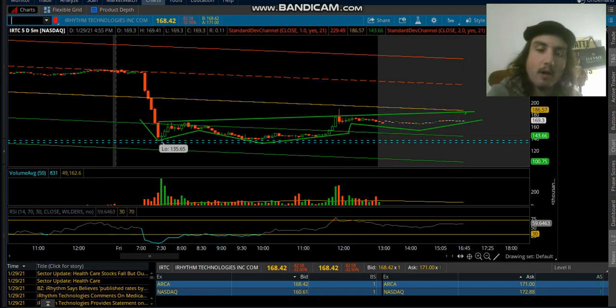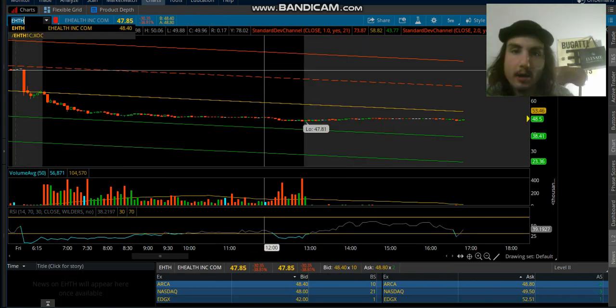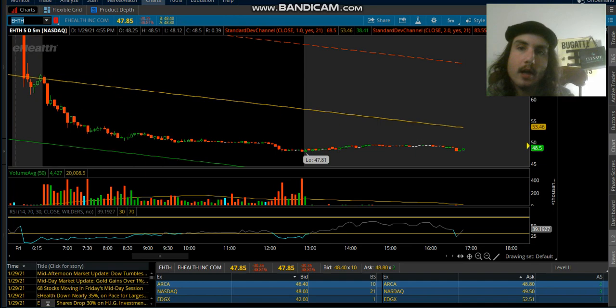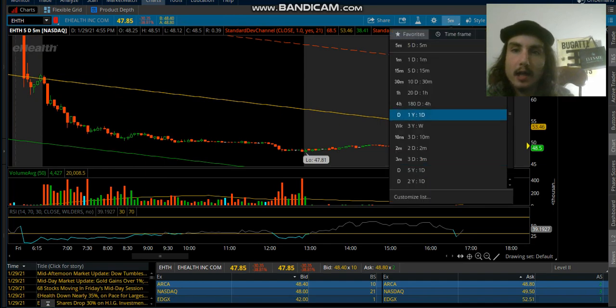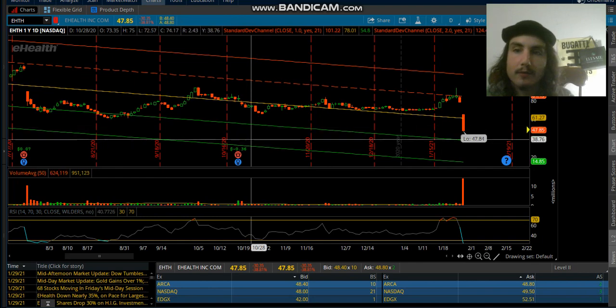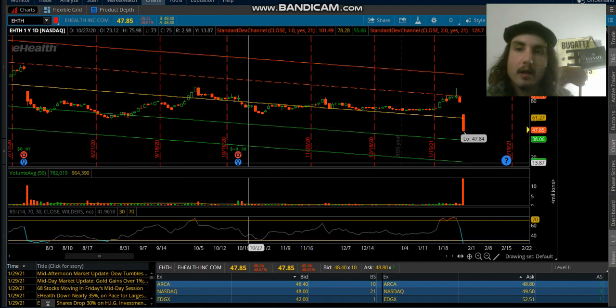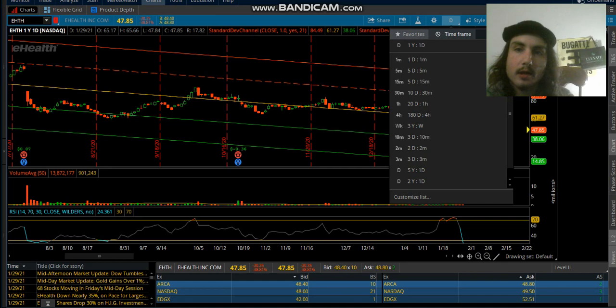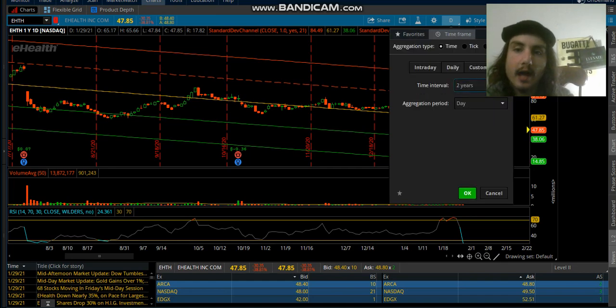We also have another stock that fell yesterday, EHTH, right at the end of the day, right before close. Now this one isn't as good of a setup because it didn't get all the way down to the level that you wanted to get down to, which would be the first standard deviation or the second. But when you switch it over to the longer term chart, the 2 year, it actually came right down to it, if not down.